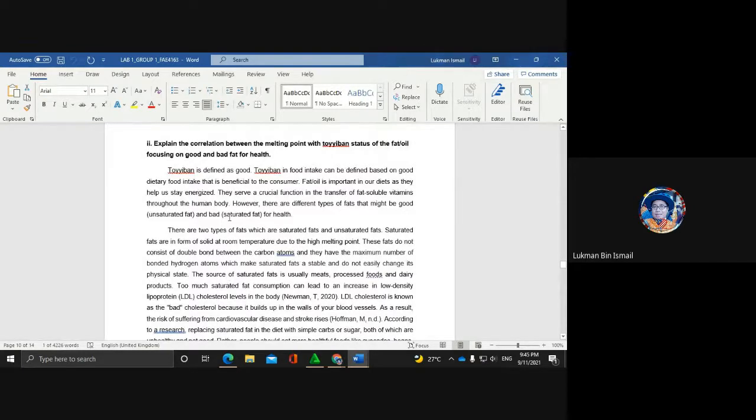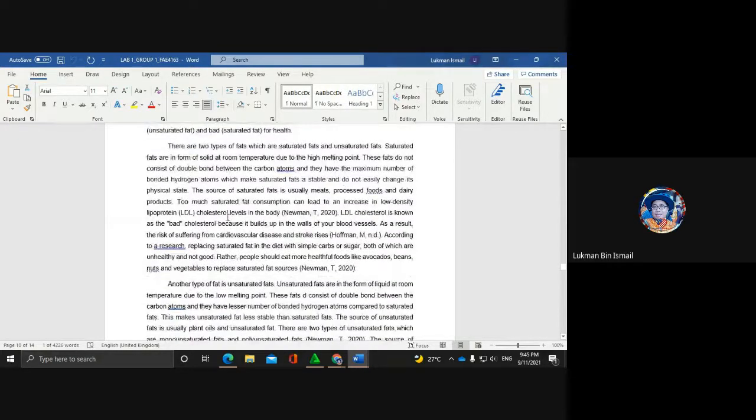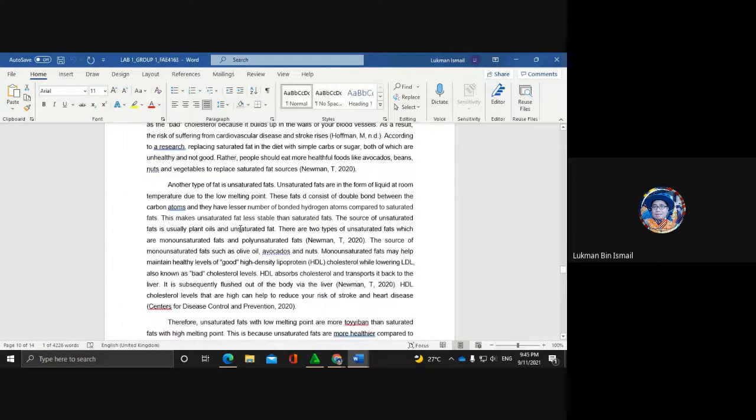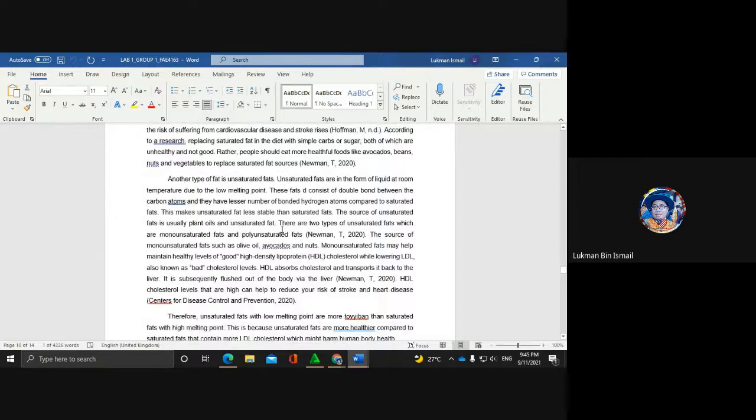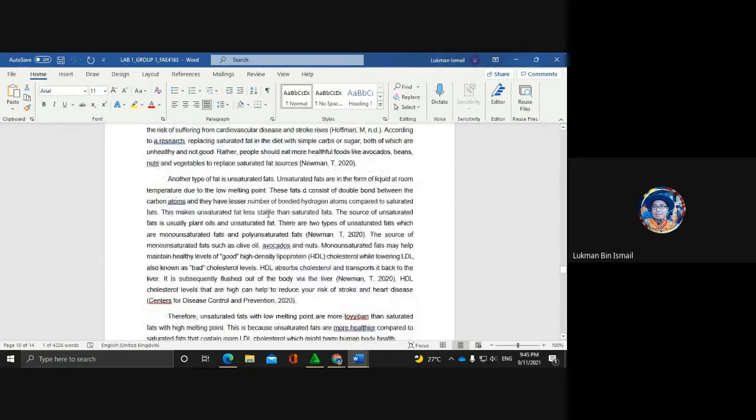Okay, explanation about health. So between the saturated and unsaturated fat, what is the cardiovascular disease? Okay, bad cholesterol.